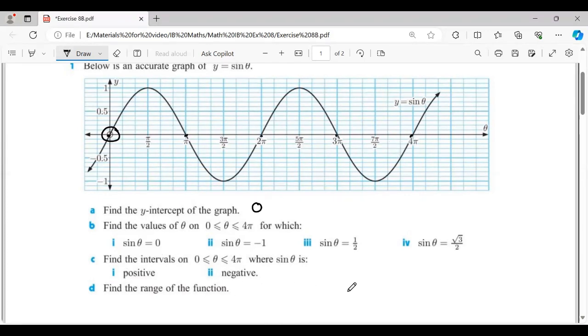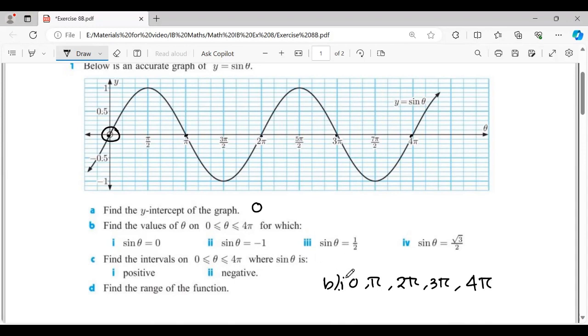I'm going to write it here. B1: 0, pi, 2 pi, 3 pi, and 4 pi. Right.